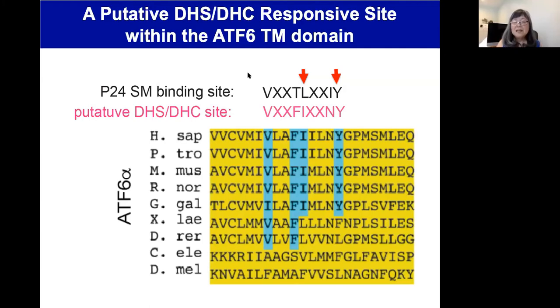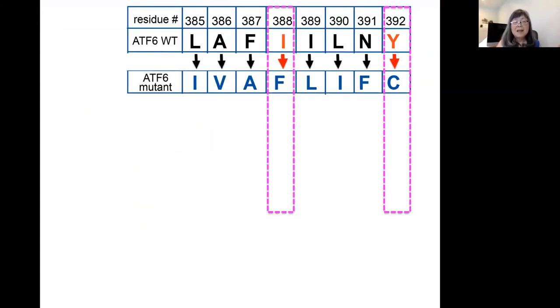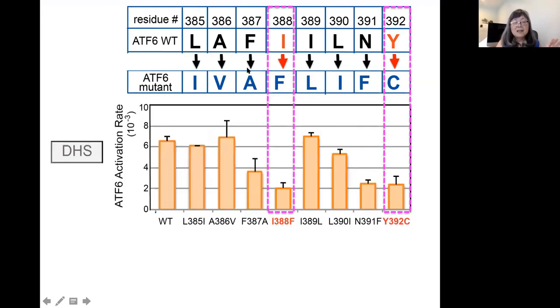And so we decided to change individual amino acids one at a time, and those single amino acid changes of ATF6 were tested for whether they can actually produce the nuclear form of ATF6 when we add DHS.